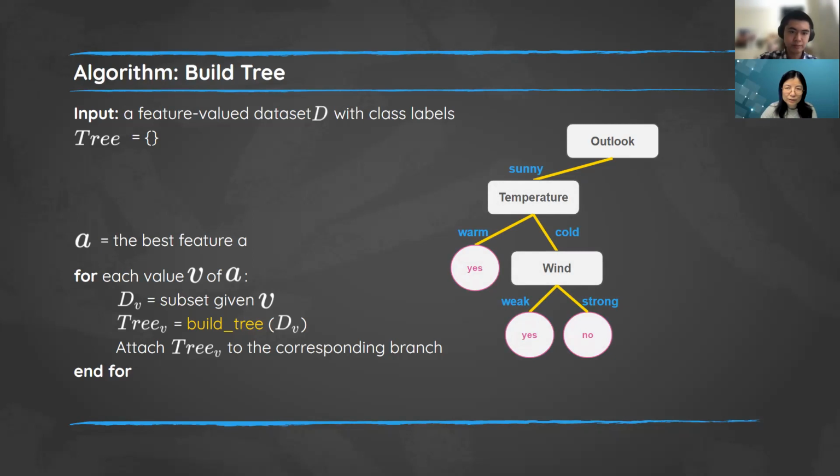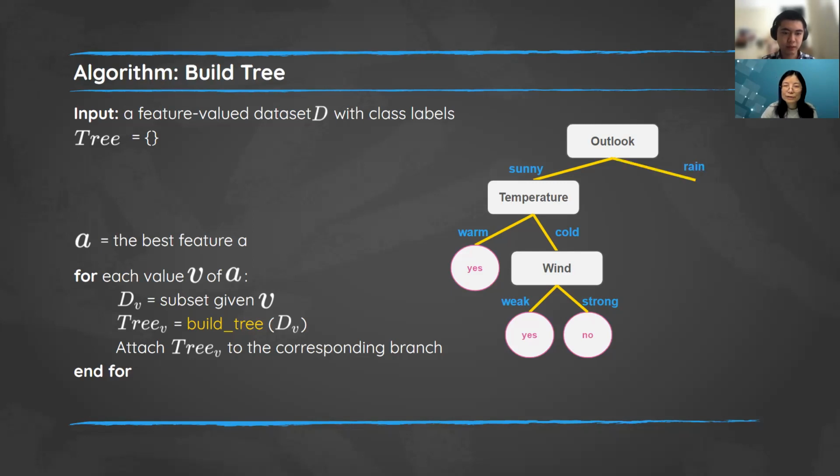At the cold branch, we have another feature called wind. Then we can make a decision on yes or no for playing tennis by the wind feature, where the branch is weak or strong.